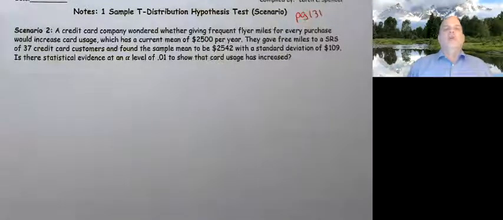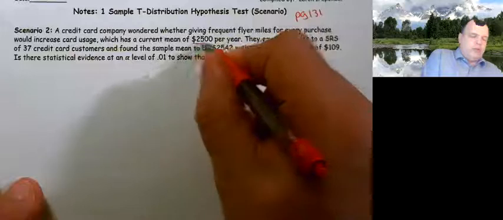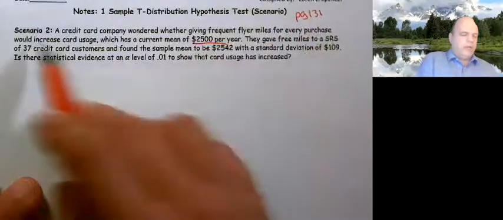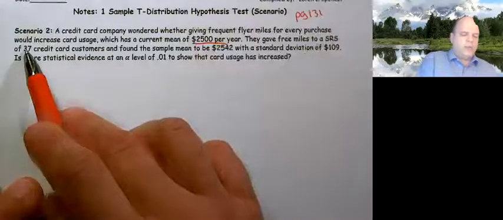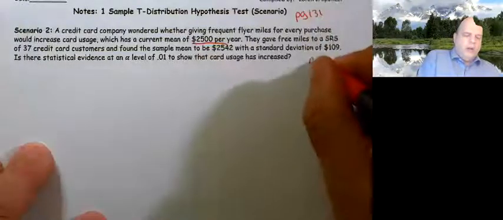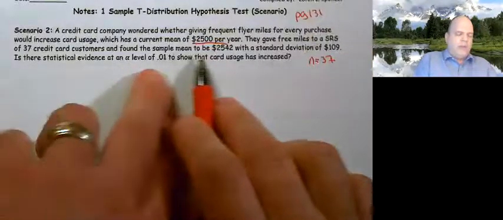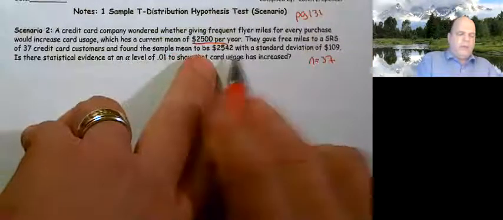So, a credit card company wondered whether giving frequent flyer miles for every purchase would increase card usage, which has a current mean of 2,500. So it sounds like the status quo is 2,500. They gave free miles to a simple random sample of 37 credit card customers. So we know n is 37 and found the sample mean to be 2,542.